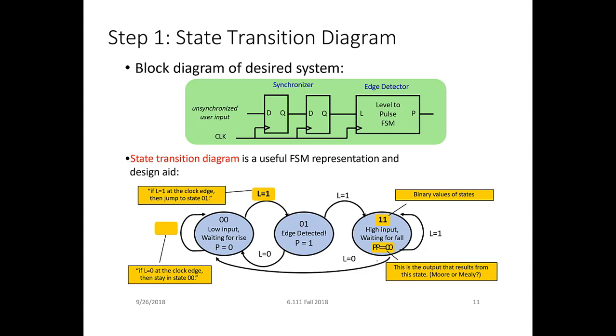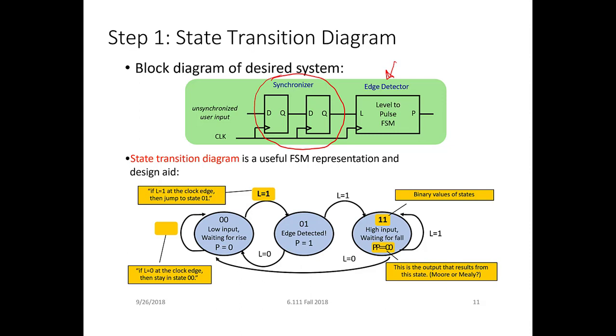Okay, now let's come to our level to pulse converter. So we put 2 flip-flops as a synchronizer on the input. Then we want to design this level to pulse converter or edge detector.